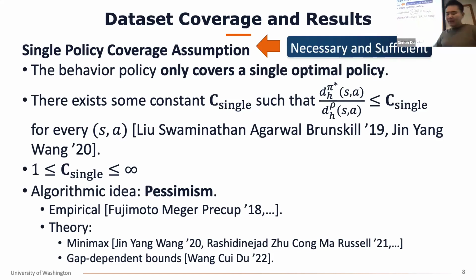And in theory, this algorithm based on pessimism is minimax optimal up to log factors in sample complexity, and we can also derive some instance dependent bounds using pessimism. So the key takeaway here is that this is a necessary and sufficient condition.